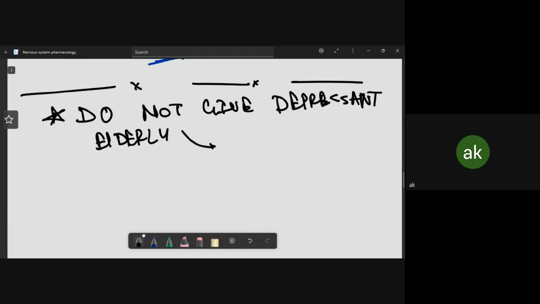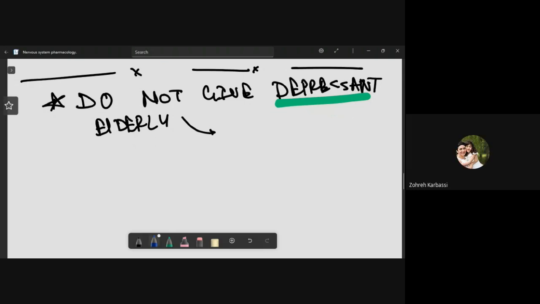Increases risk of suicide. Not the psychiatric depressant, but think more along the lines of a CNS depressant. It can increase the risk of falls, and can predispose them to delirium. So one is delirium, and someone mentioned a risk of falls, which is also very important.